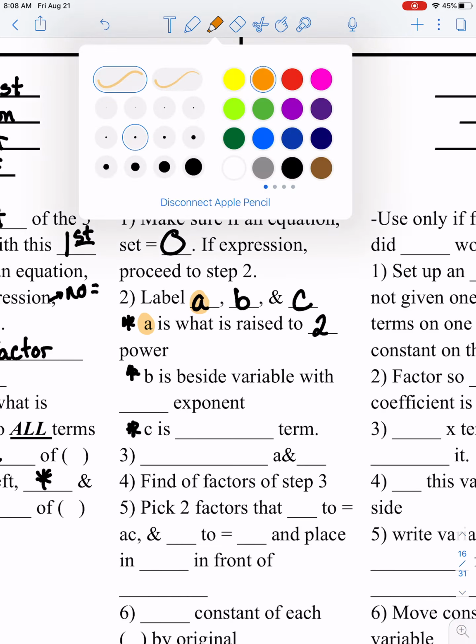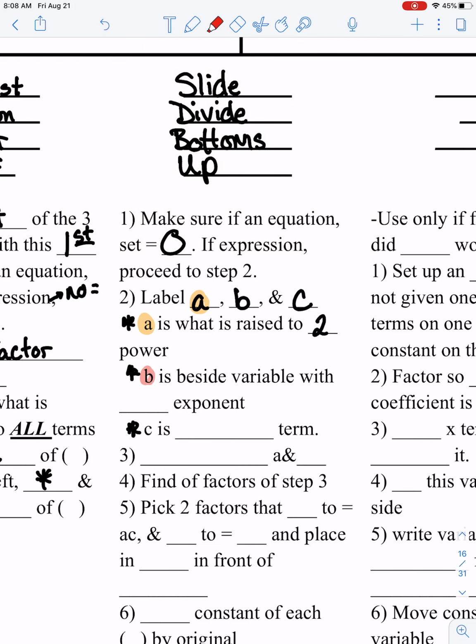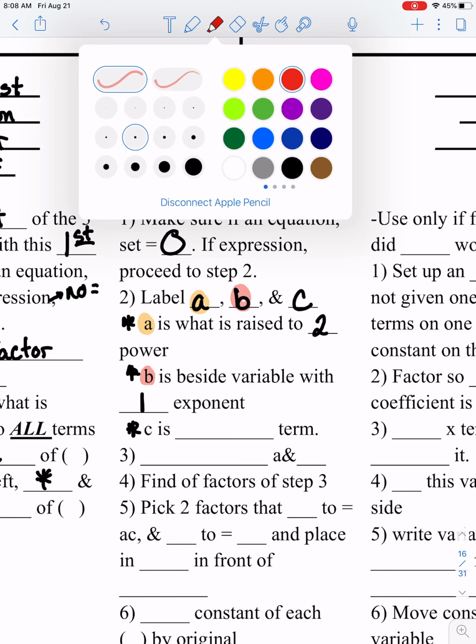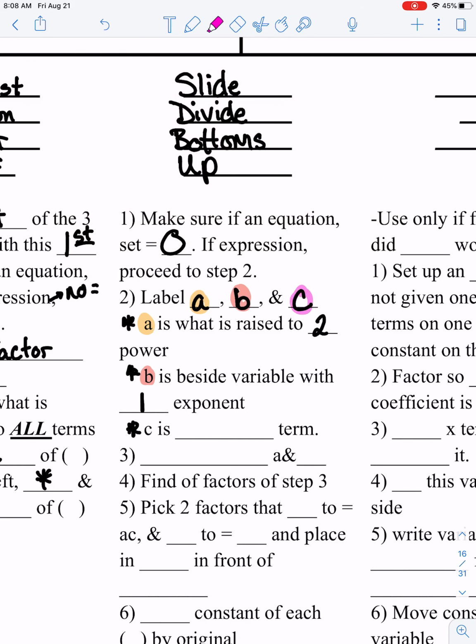B is beside the variable with an exponent of 1. C is what we call a constant term, or it's just a number, okay?